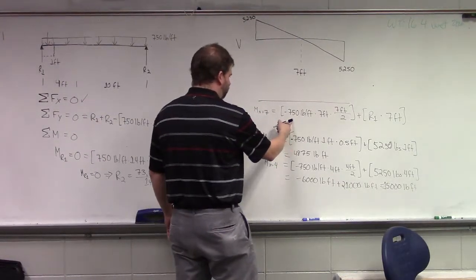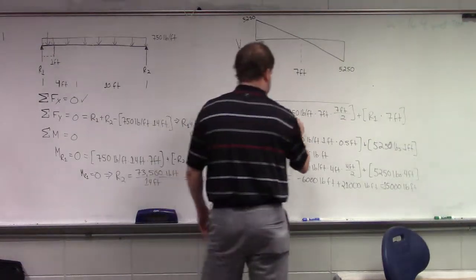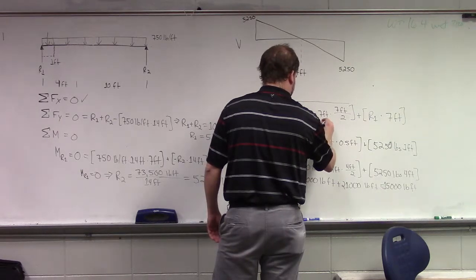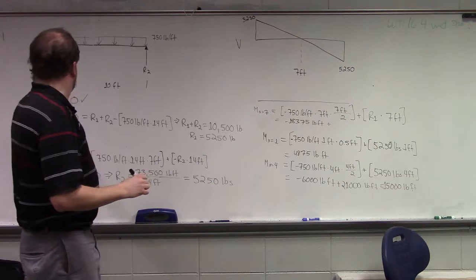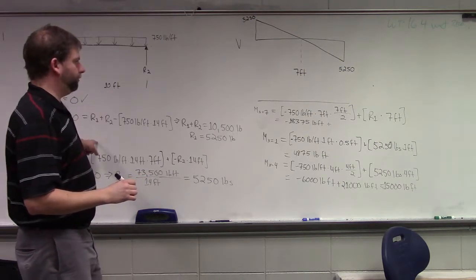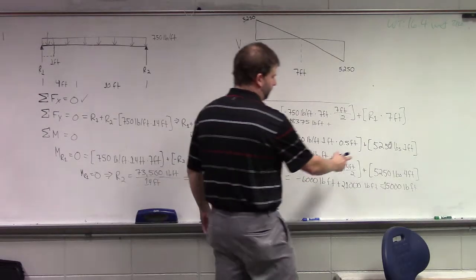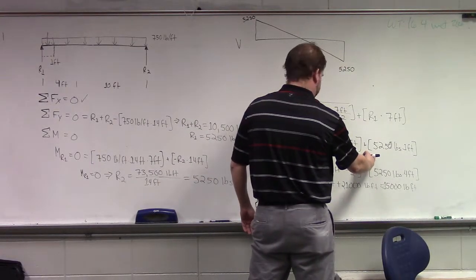So that becomes 18,375, and that's 35,000 and 1,400. So it's 36,400. Your answer is 18,375.